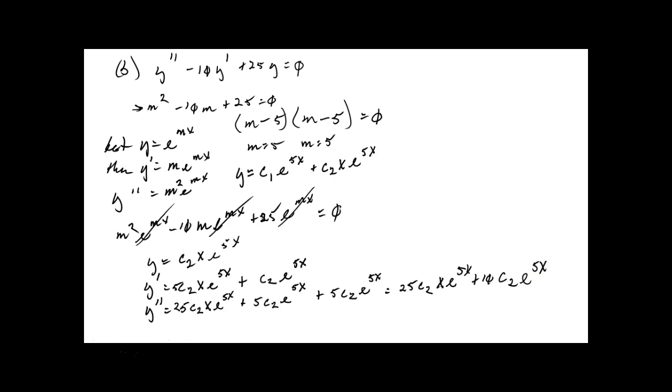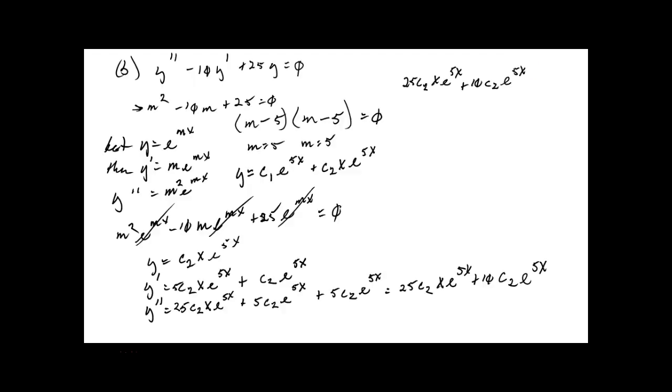That's the final answer there. So let's plug this back into our original equation. y double prime is 25C2x e to the 5x plus 10C2 e to the 5x. That's our y double prime that we just did. Minus 10 times y prime.